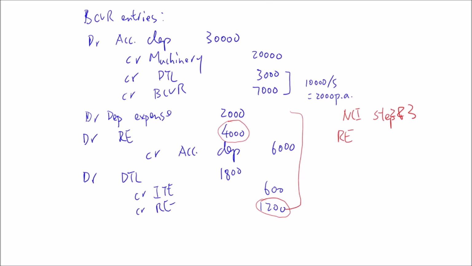So in total, it's going to decrease retained earning by 2,800. Also, in terms of profit, we recognize depreciation expense by $2,000, and then we credit income tax expense for $600. So it's going to affect profit. After tax is going to be $1,400. So it's quite helpful when you do that along the way.